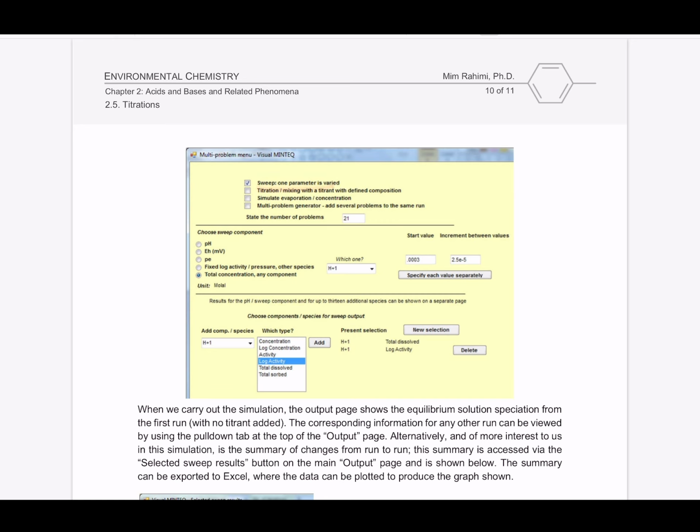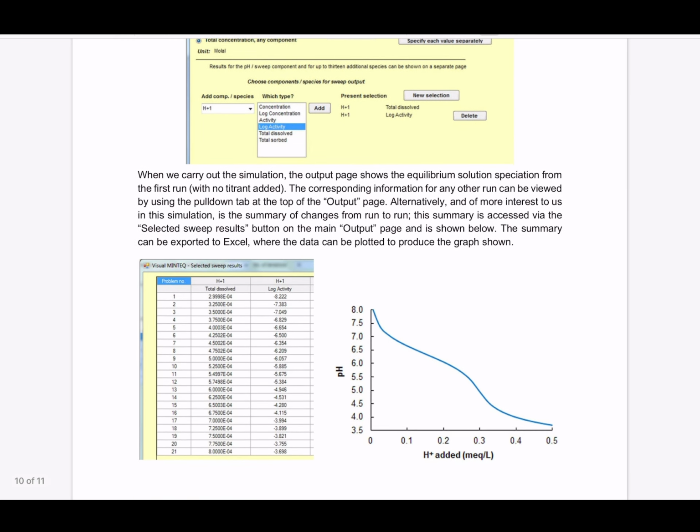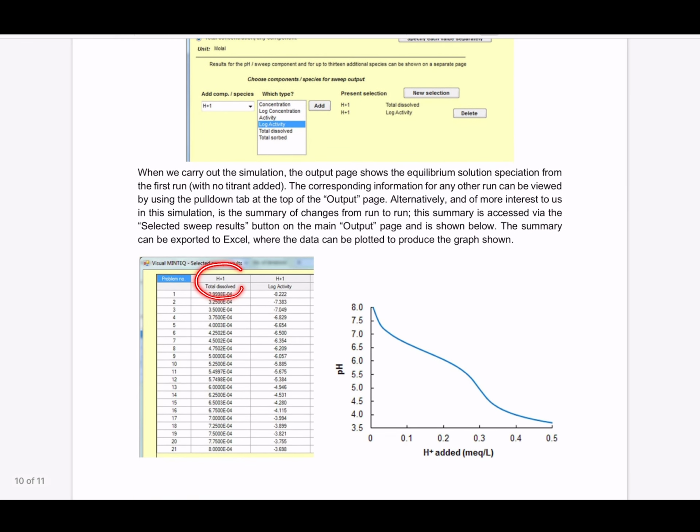So sweeping something, in this case, we're calculating the concentration of proton as the y-axis. This is what we're adding, which in this case is adding acid. And eventually you get how much you added as the x-axis, and then log of H+, which is pH, as the y-axis.